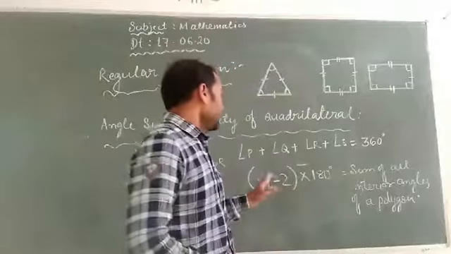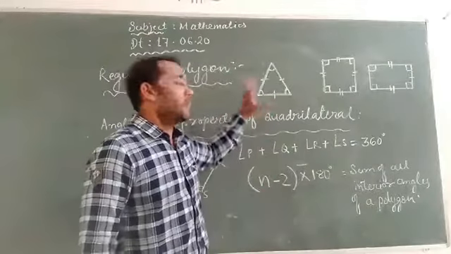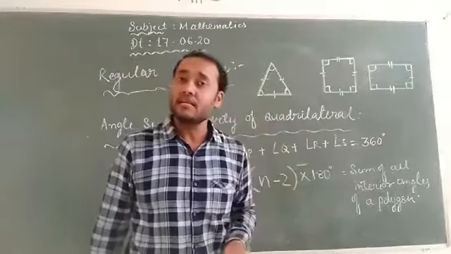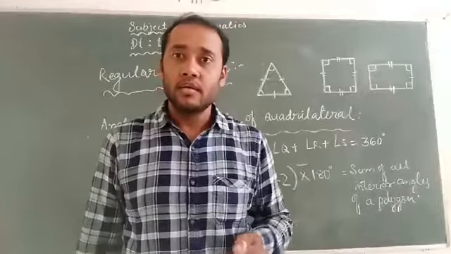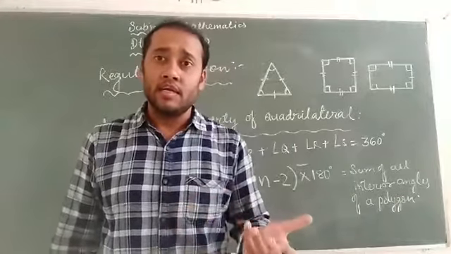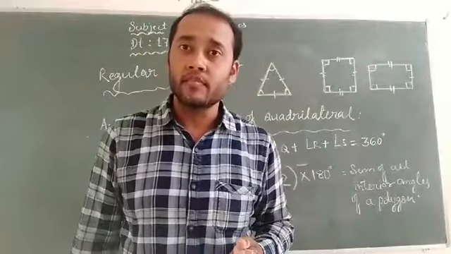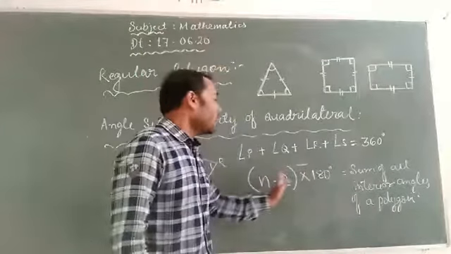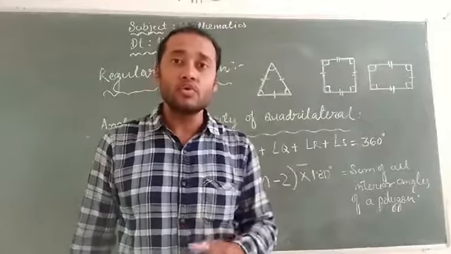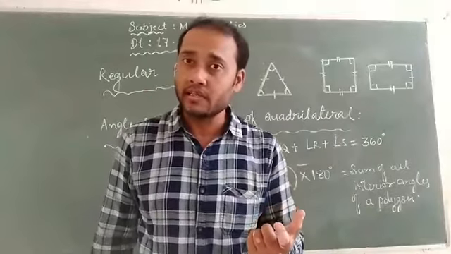Okay. Let us take one example of a triangle. How many sides does a triangle have? Yes, ask yourself. The answer is 3. A triangle has 3 sides, right? If you subtract 2 from it, it is 3 minus 2, which is 1, correct?